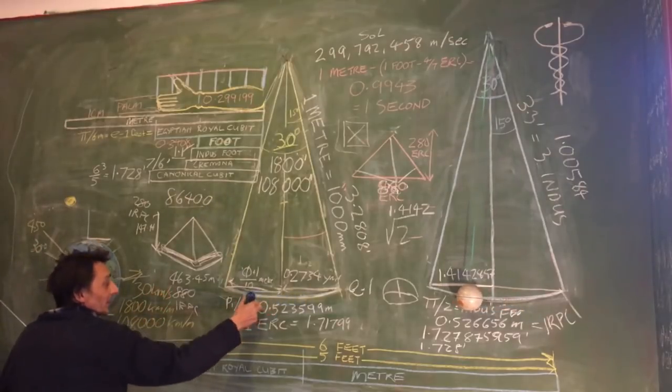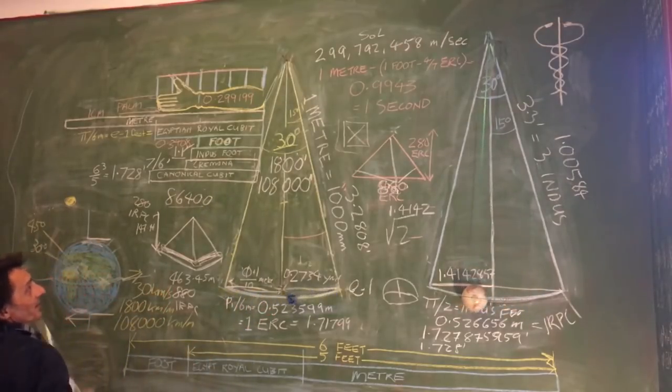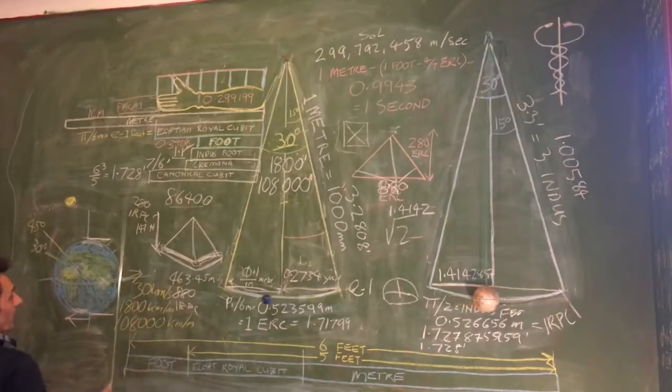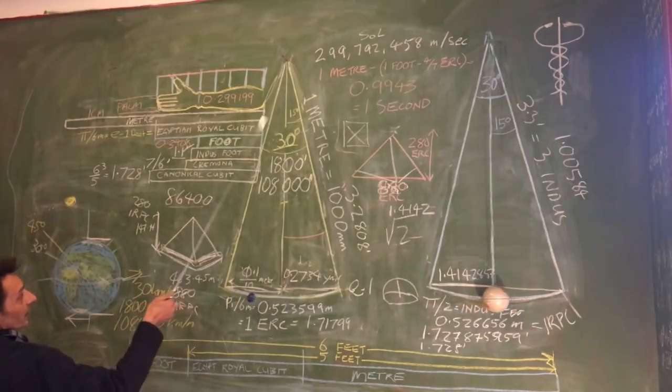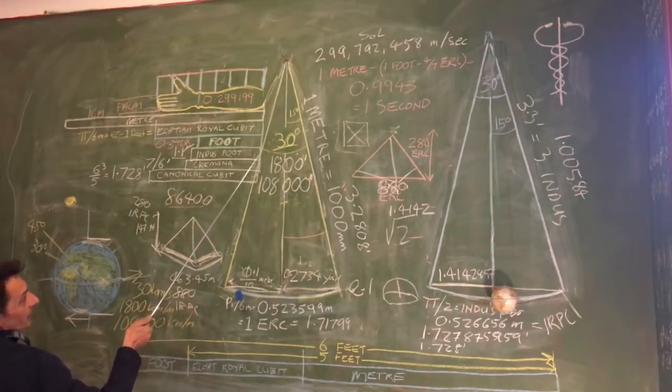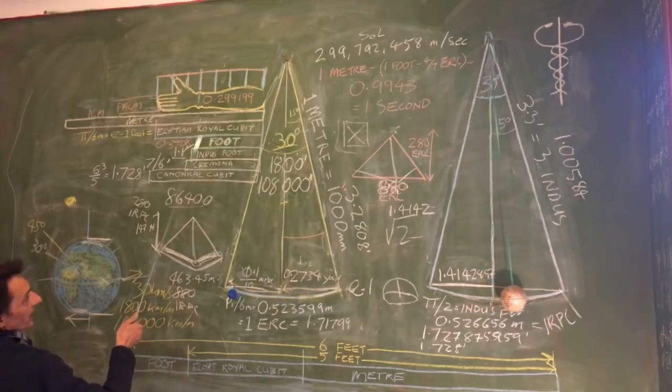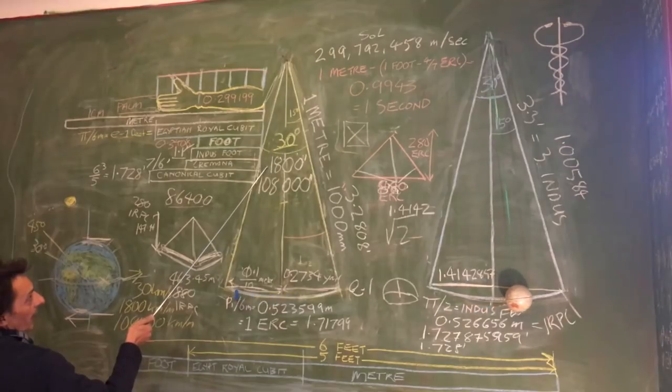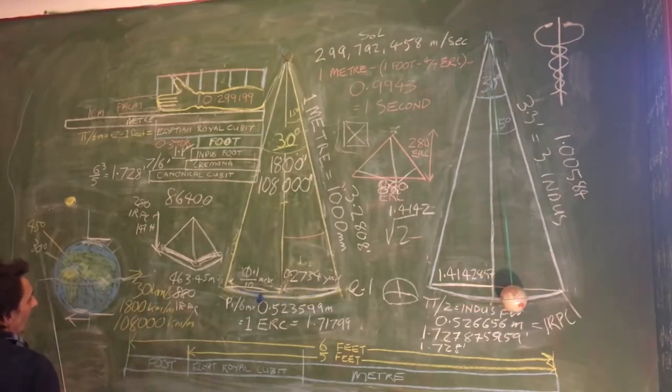1 metre, 1 second on a 30-degree pendulum. 30 degrees, 30 kilometres a second. 30 degrees breaks down into, you break a degree down into 60 minutes and then into 60 seconds. So 30 degrees is 1800 minutes on the compass.